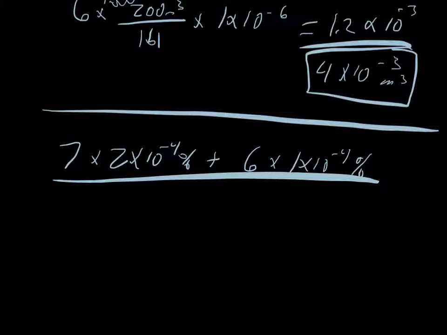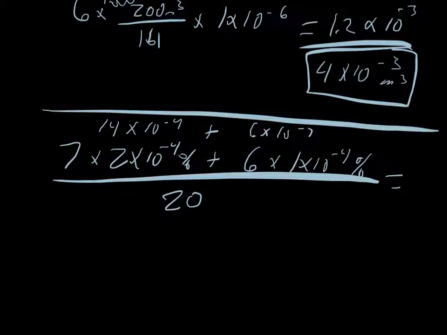And we want to get that out of a percent, so we're going to have to divide that by the total, which is 20 blocks. And if you do the math, 7 times 2 is 14, so it'll be 14 times 10 to the negative 4, plus 6 times 1, 6 times 10 to the negative 4.